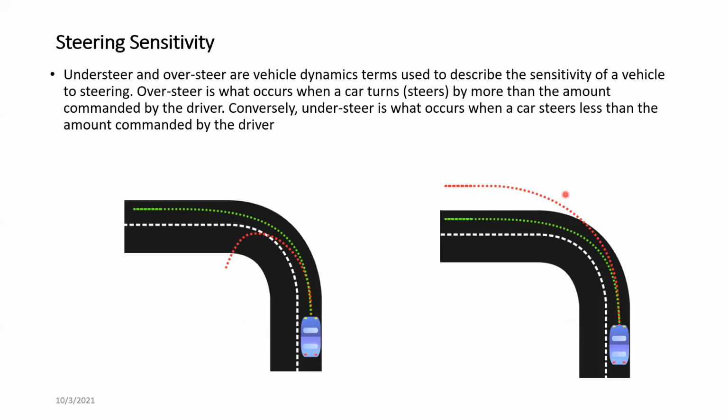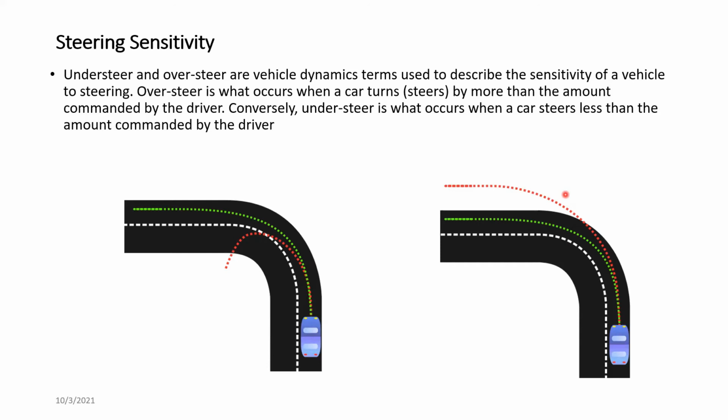If we look at the first image, it's called oversteer. The vehicle is supposed to go on the green line, but because the vehicle is turning more than it's supposed to, even though we expect it to go in a single direction, it turns more than that.